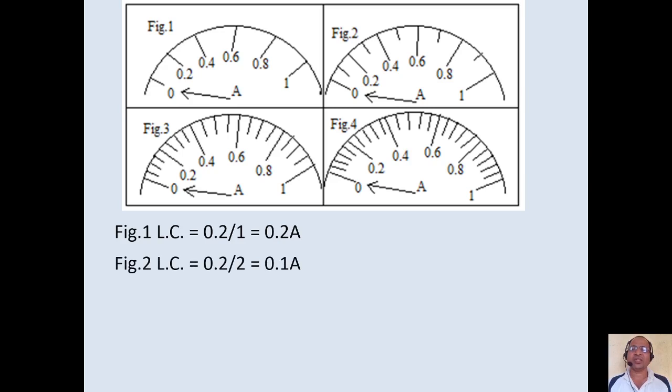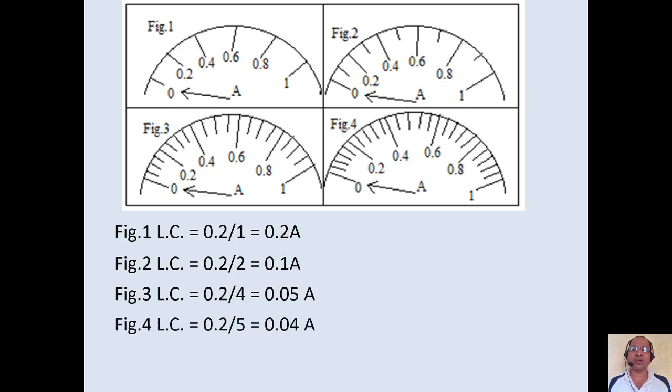In the third figure, the part between 0 to 0.2 is divided into 4 equal parts, so its least count is 0.2 upon 4, that is 0.05 ampere. In figure 4, the part between 0 to 0.2 is divided into 5 equal parts, so its least count is 0.2 upon 5, that is 0.04 ampere.